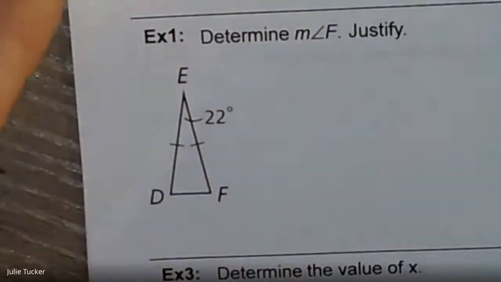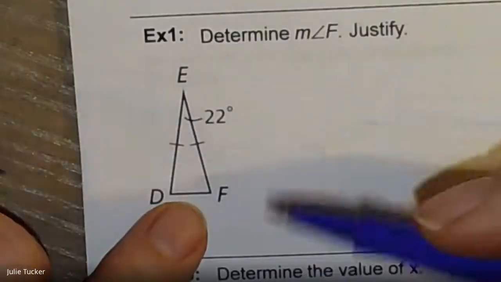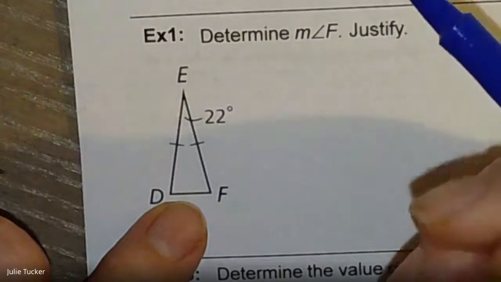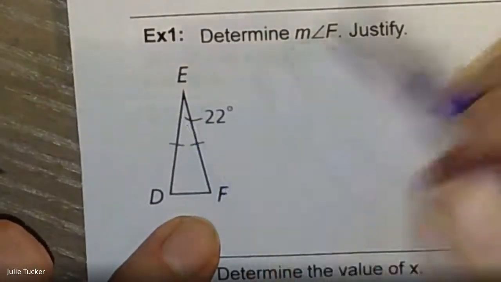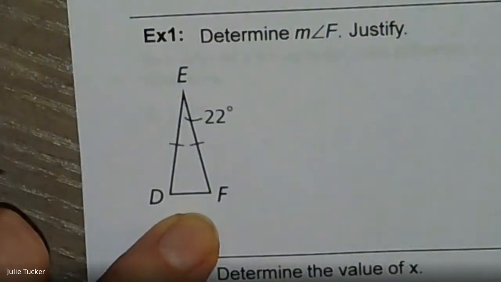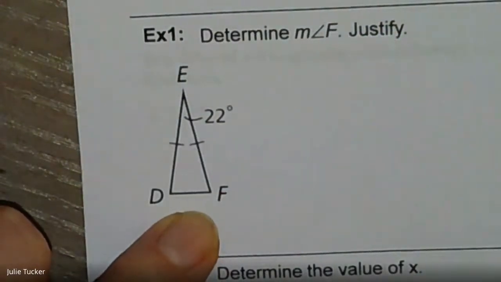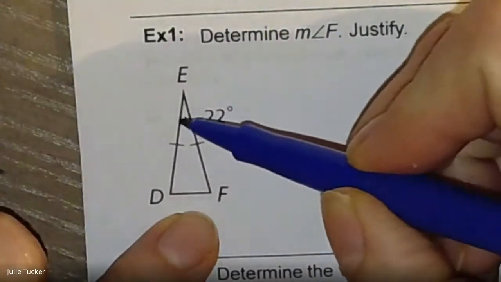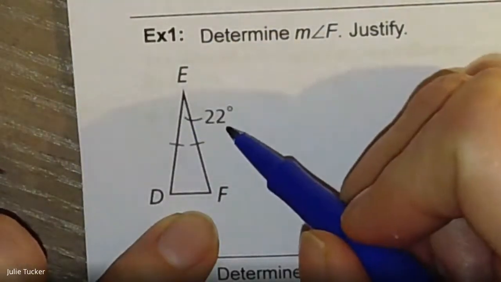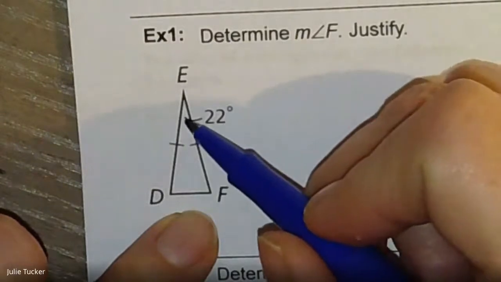On this first one, notice how they've labeled it with this little mark. The angle is so tiny that they can't write the number inside, so instead they make this little mark to show that that's the angle. It's 22 degrees for that angle right there.